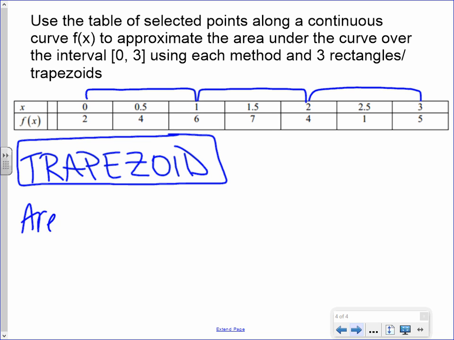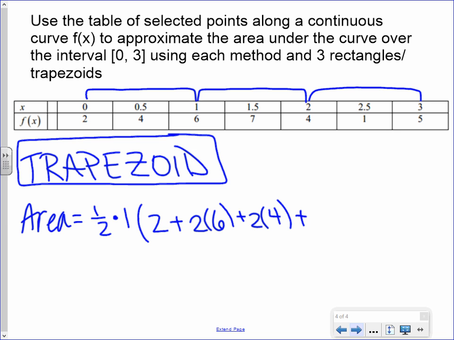Okay, so our area, first we write 1/2 times the height, 1, times our first base, 2, plus 2 times our second base, 6, plus 2 times our next base, 4, plus we're now coming to our last base, so we only want one of them. So our area here.